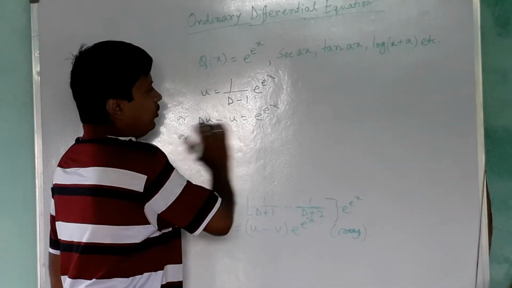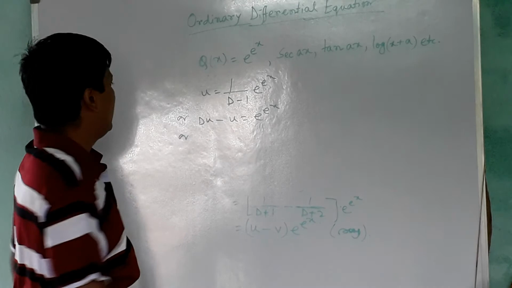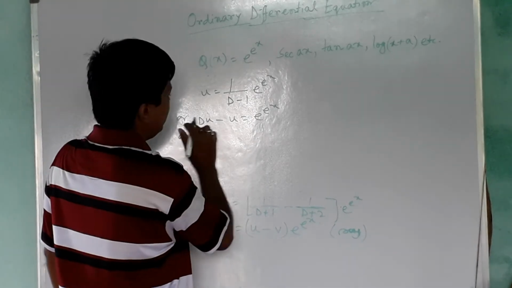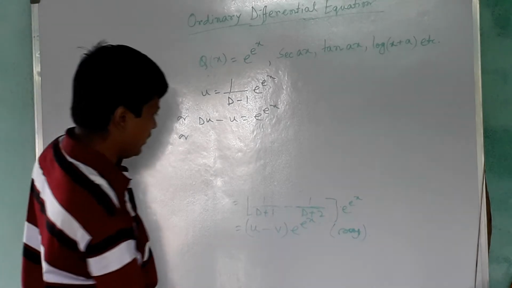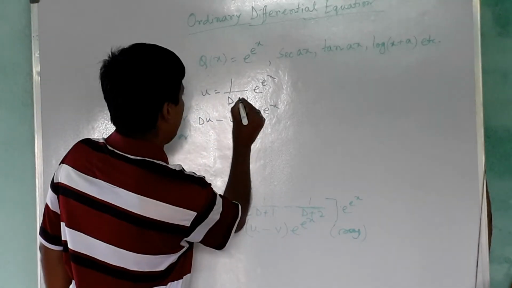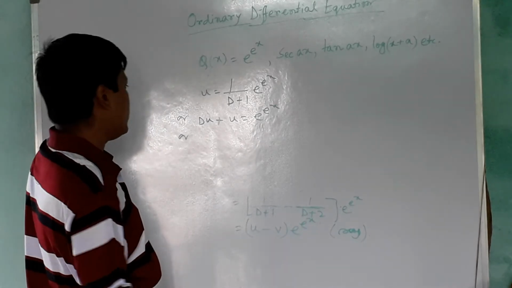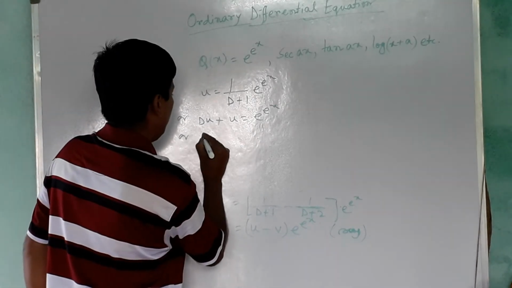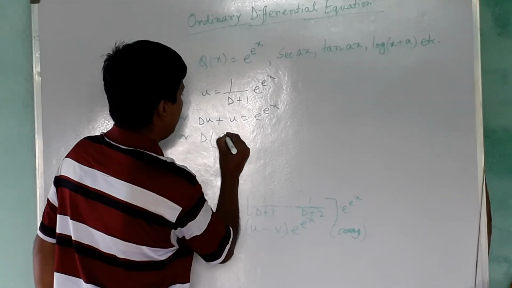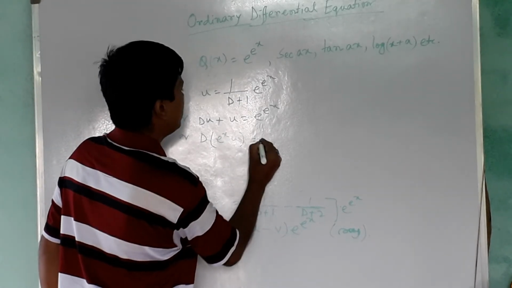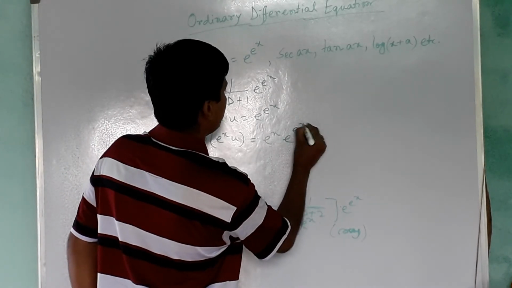This is a linear differential equation, so we can solve it easily. The integrating factor is e to the power x. So d of (e to the power x times u) is equal to e to the power x times e to the power x.